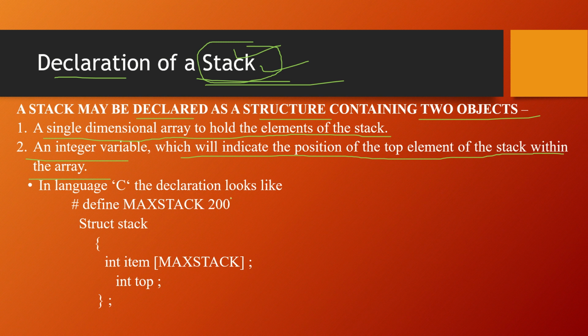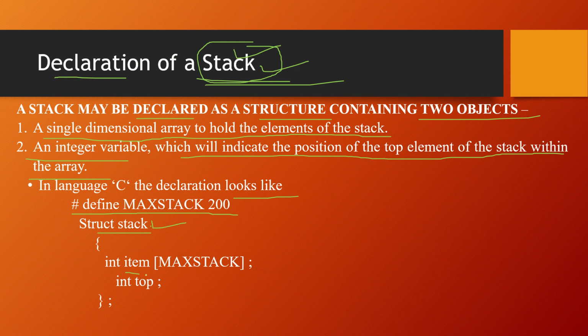So in C, the declaration looks like #define MAXSTACK 200. So we have declared MAXSTACK as a constant and its value is 200. Then we declare a structure named stack having two items.